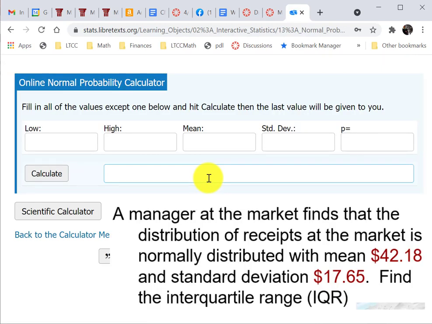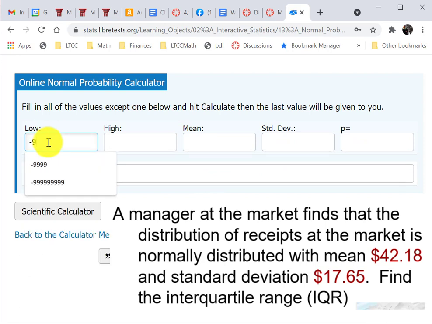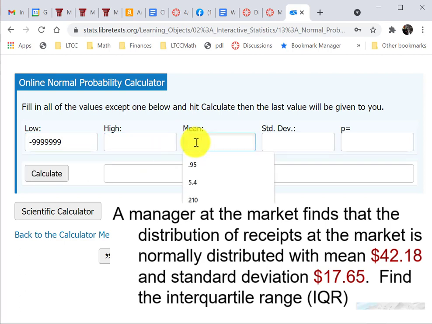All right, I want the 25th percentile. So the 25th percentile means that the low is basically as far left as you can go. That's negative 99999. And then the high is what we want, so we leave that blank. The mean for this particular example is $42.18, so 42.18.